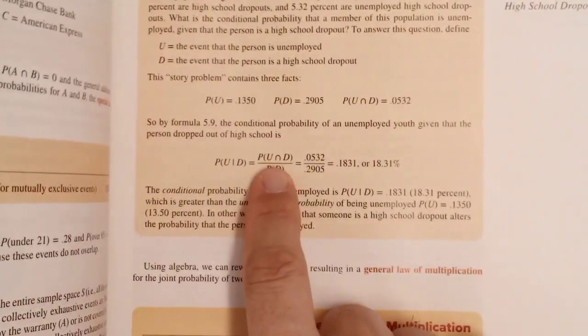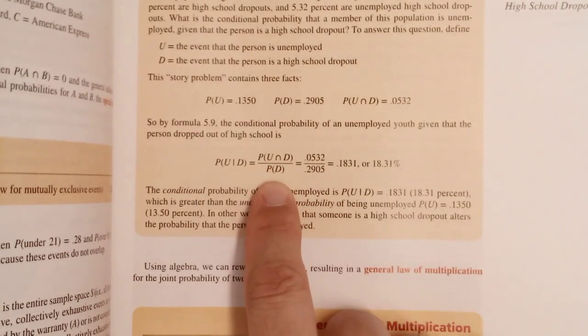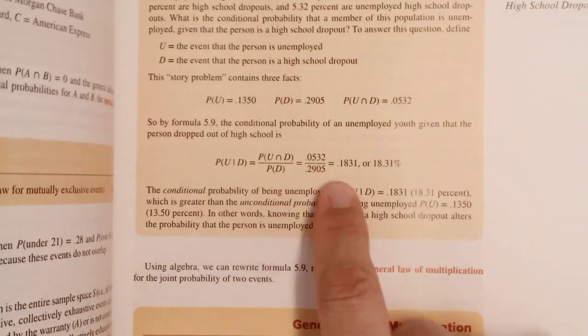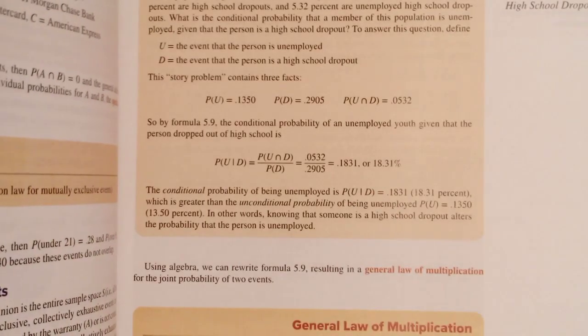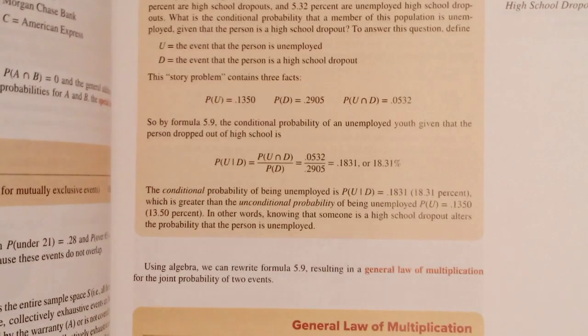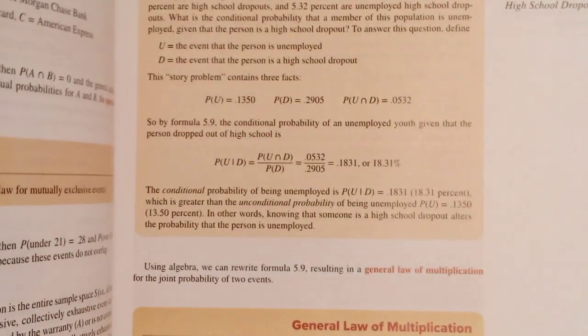So I take the and, which is why I needed that part, and divide by the D. Probability of being a dropout, 29 is the bottom, 5.3 is the top. I get 18%. So that means if you know in advance, hey, this person is a high school dropout, there's an 18% chance based on this survey that person is unemployed.